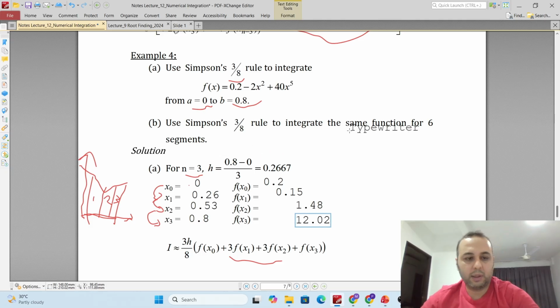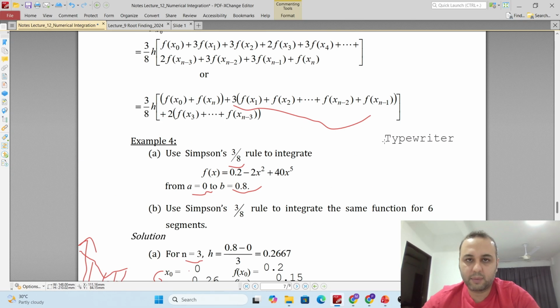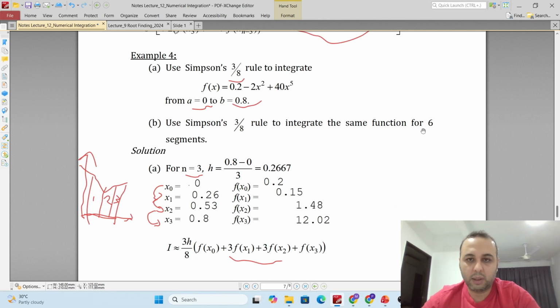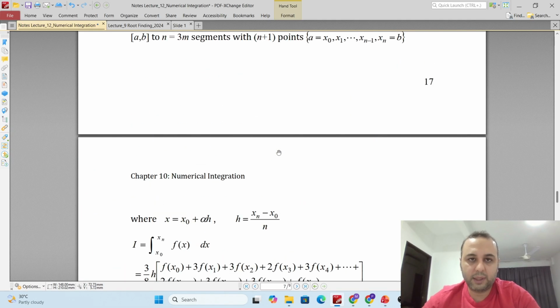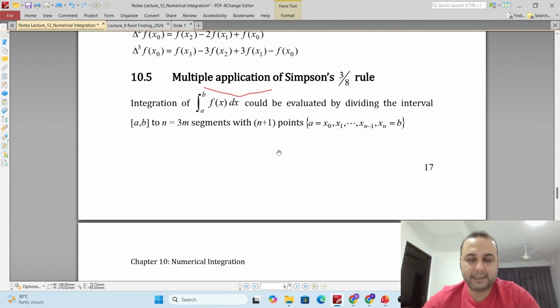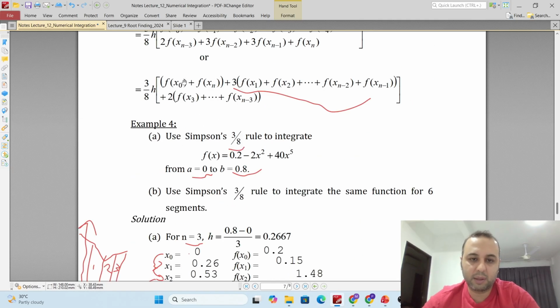Okay, the question B asks for 6 segments. If 6 segments, we have to apply multiple application Simpson.